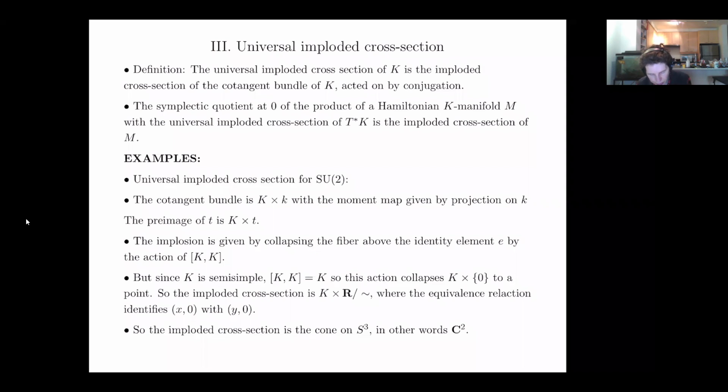So the imploded cross-section is just K cross R quotiented by the equivalence relation that identifies all points where the R element is 0. All those points get identified together. So in the case K equals SU2, or S3, the imploded cross-section is just the cone on S3. In other words, it's C2.